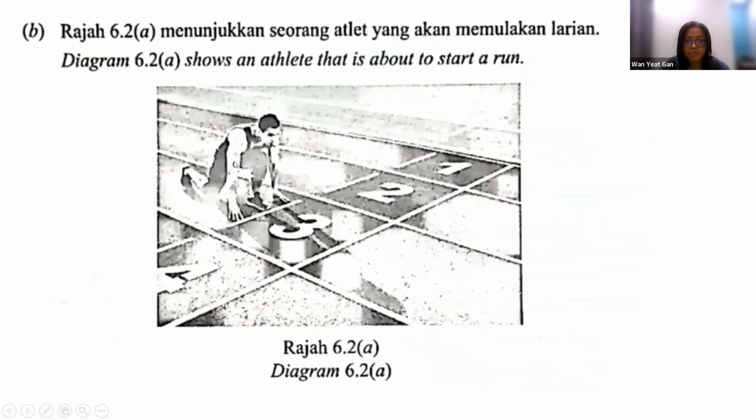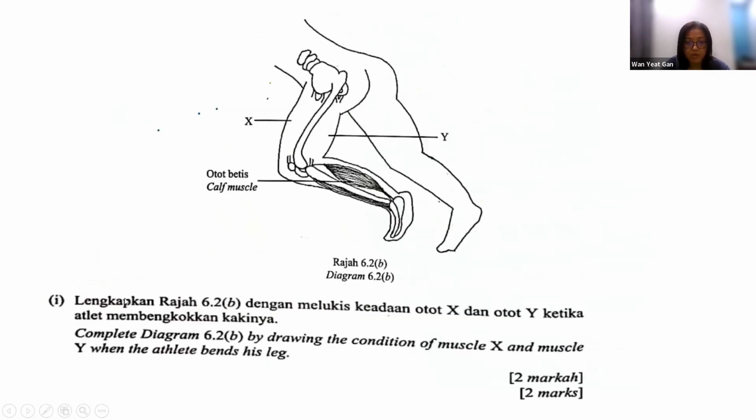Next, diagram 6.2 shows an athlete that's about to start a run. Okay, so complete the diagram by drawing the condition of muscle X and muscle Y when the athlete bends his leg. You can see here that Y is pointing to the muscle behind our thigh, and X is in front of our thigh.